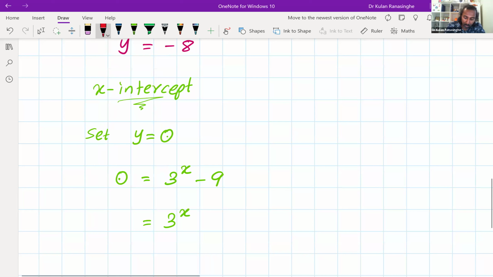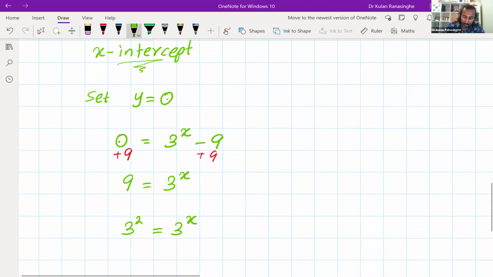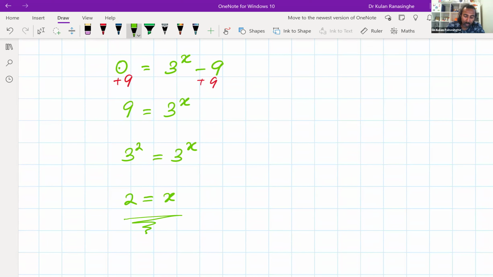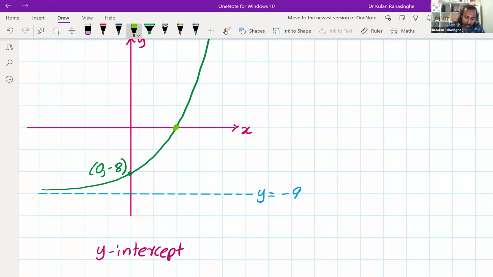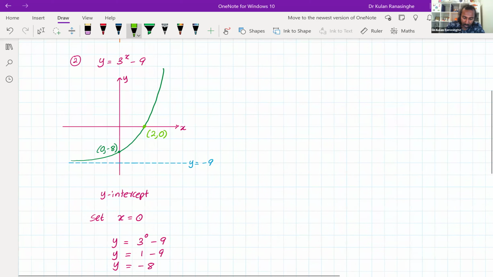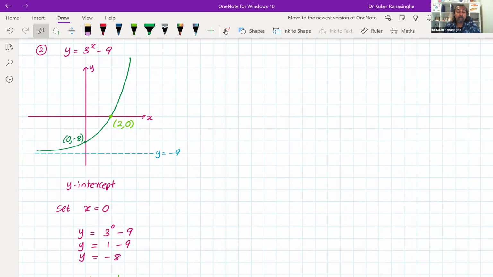Rather, you could say you balance the equation, plus 9. That would give me 9 equals 3 to the x, and 9 is 3 to the power 2 equals 3 to the power x, hence x is 2. X value is 2, which means, as you notice, I've done a pretty good job here. That is (2, 0), my x-intercept. Now that is the working, that's your graph.